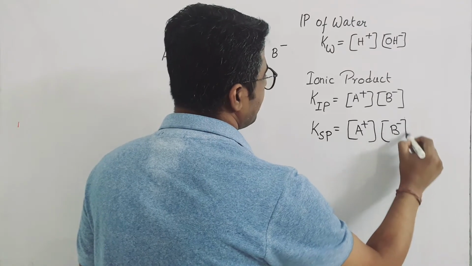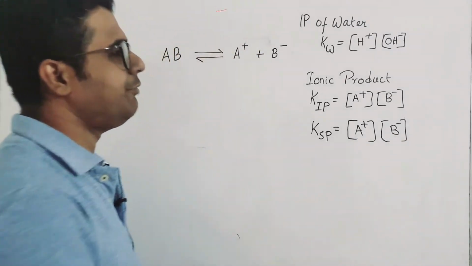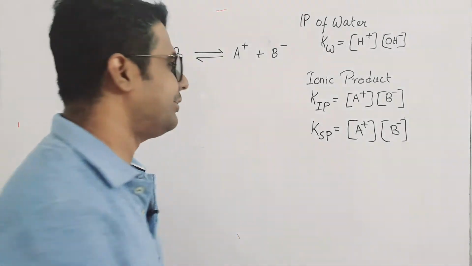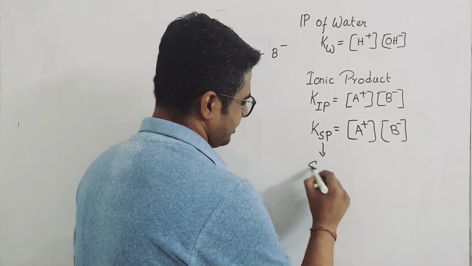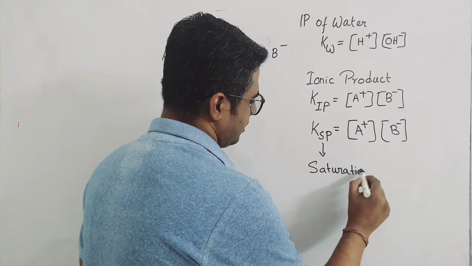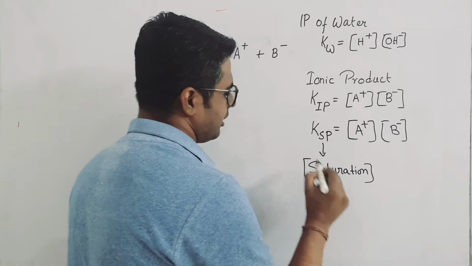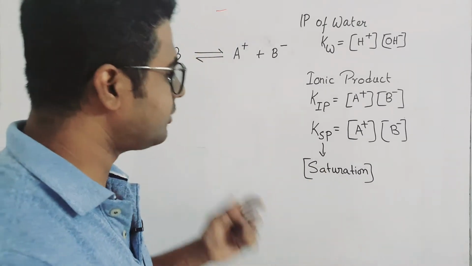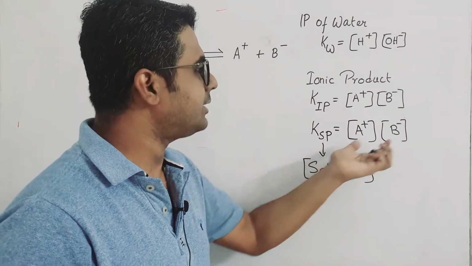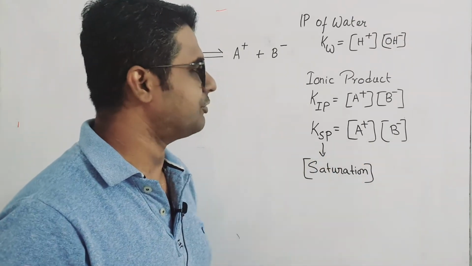But while we spoke about Ksp, we clarified time and time again that Ksp is that point which denotes saturation. So during the saturated condition of a solution, the concentrations of A plus and B minus are used here.